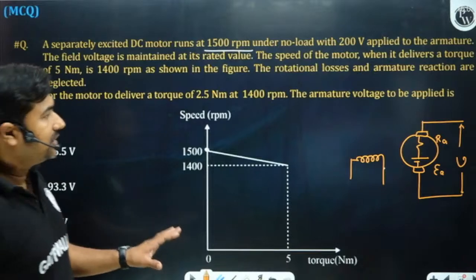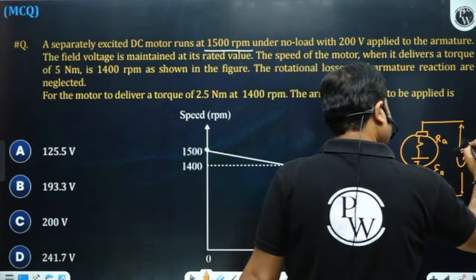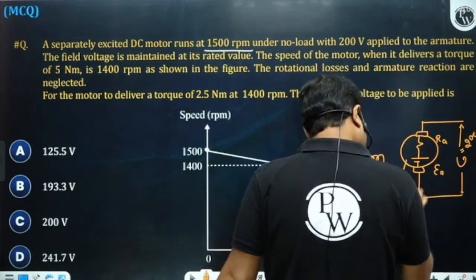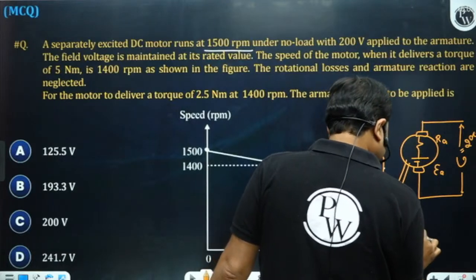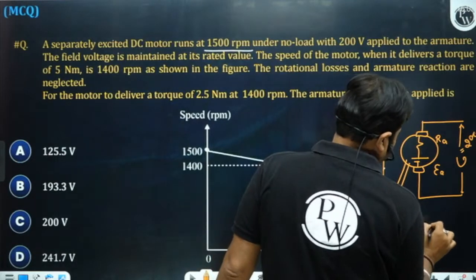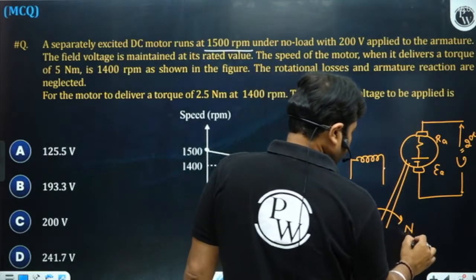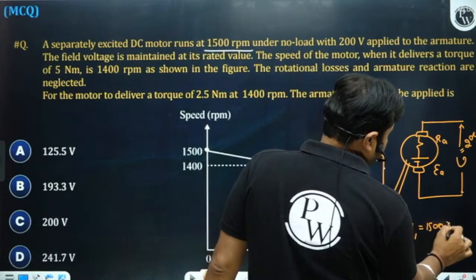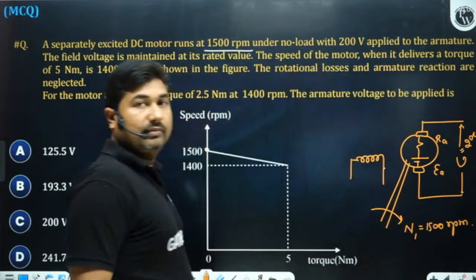Under no load condition with 200 volts, the motor is running at 1500 rpm.